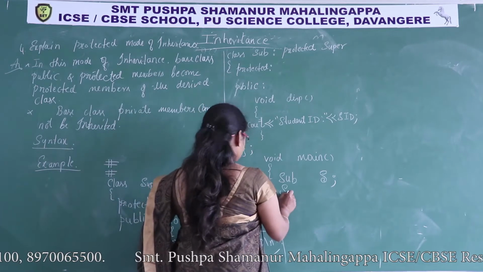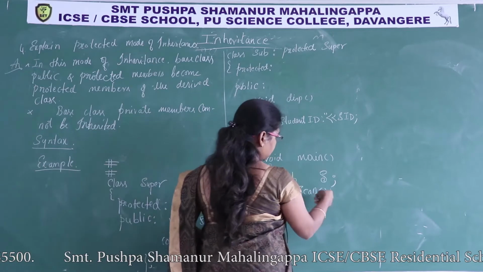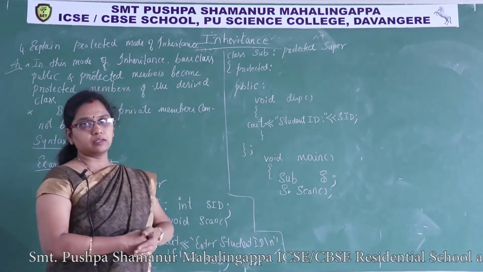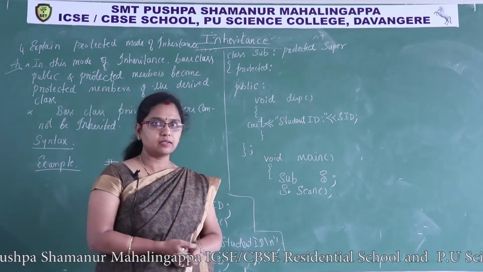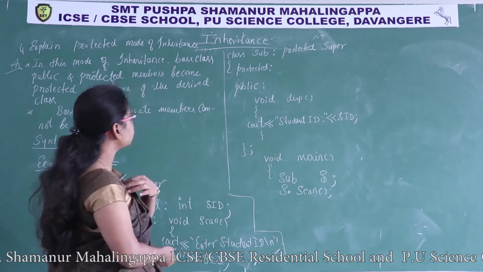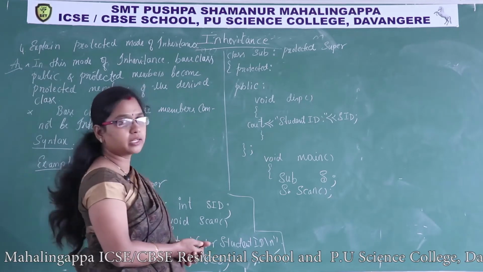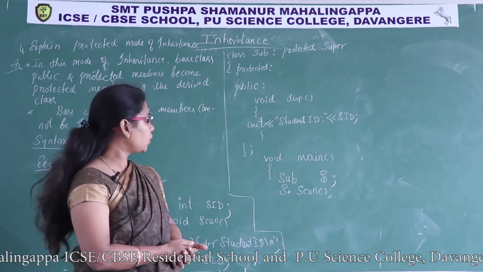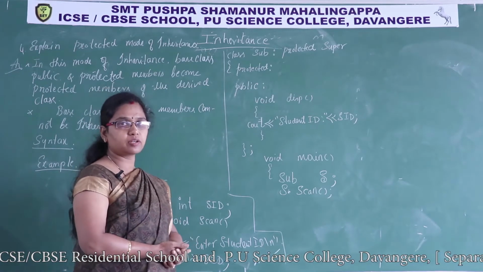Can we write like this, S dot scan? We know that a non-member function can access only the public data of a class. Does scan belong to the public section of the derived class? No, it belongs to the protected section of the derived class. So we cannot call the scan function from the main function.